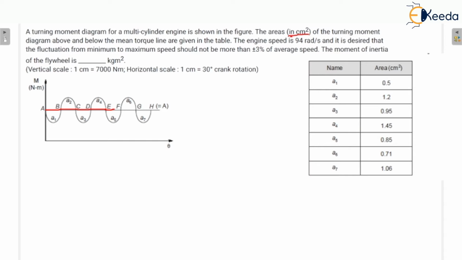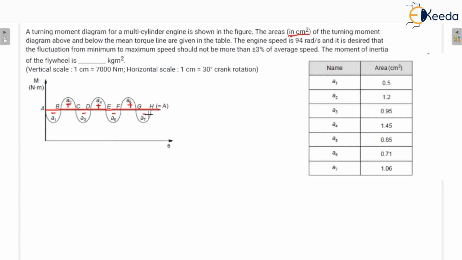And we all know that the area above the T mean line is considered positive and the area below the mean torque line is considered negative. So I can write here this is negative, this is positive, this is negative, this is positive, this is negative, this is positive, and again this is negative.